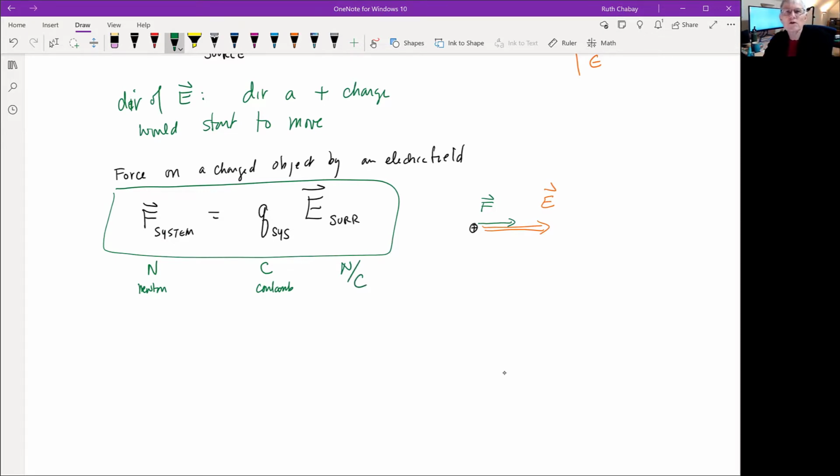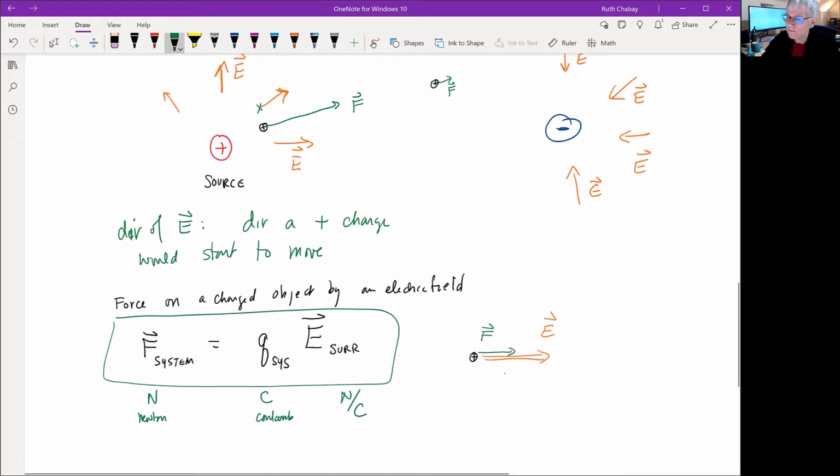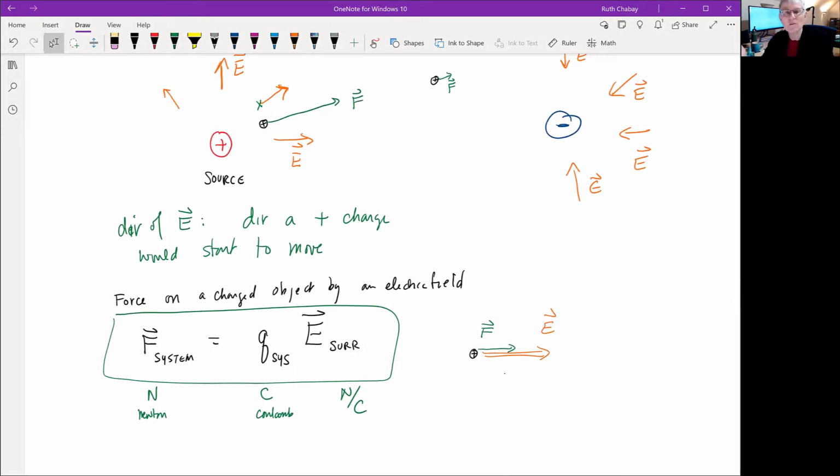This is the force per coulomb, the force that an object would experience if it were there. And so field and force are different, and it's going to take us a minute to get this terminology right, but there are no synonyms in physics. So we need to be careful to say field when we mean field and force when we mean force.